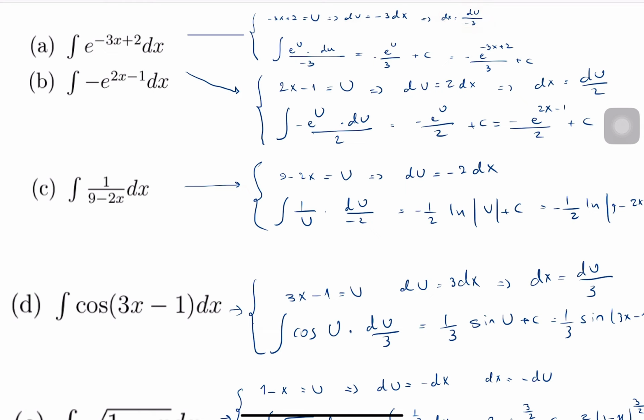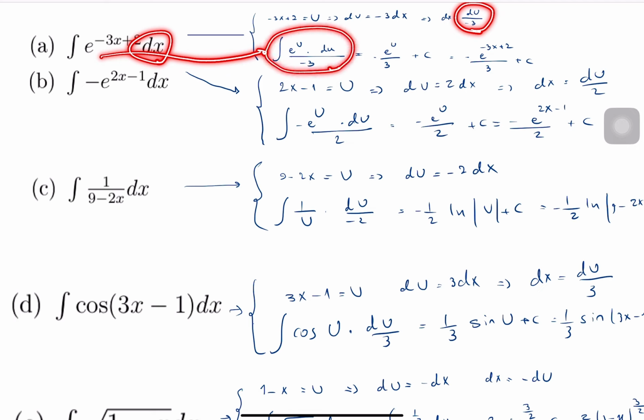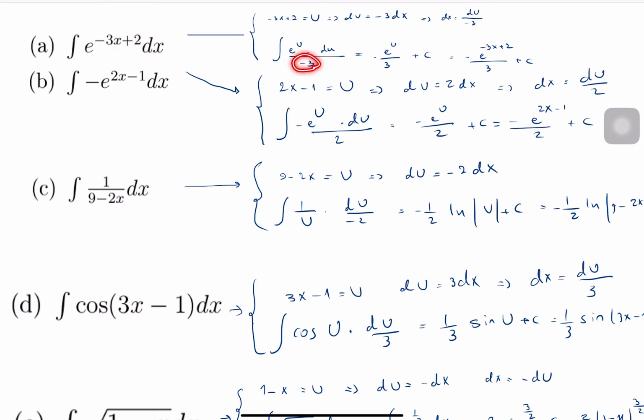Now I put u instead of minus 3x plus 2, so it will be e power u, and instead of dx, I put du per minus 3. And now we have this one. We know the number has no effect in the integral, and the result will be minus e power u per 3 plus c. And we can put minus 3x plus 2 instead of u, and it will be the first result.